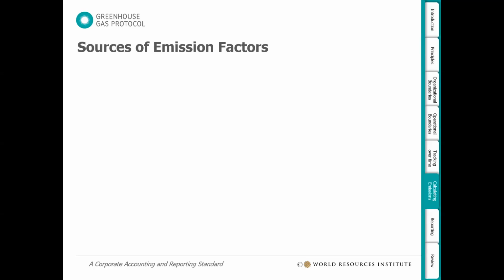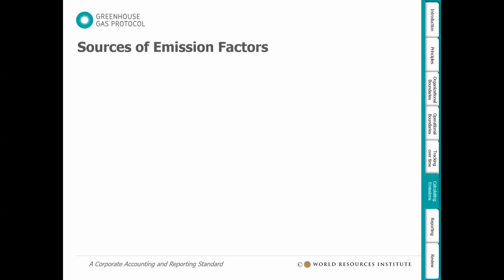The advantage of emission factors is that they are much easier to use than direct monitoring or stoichiometric approaches, but there are certain potential disadvantages to be mindful of in using emission factors. In general, emission factors tend to more accurately estimate CO2 emissions and are less accurate in estimating methane and nitrous oxide emissions.